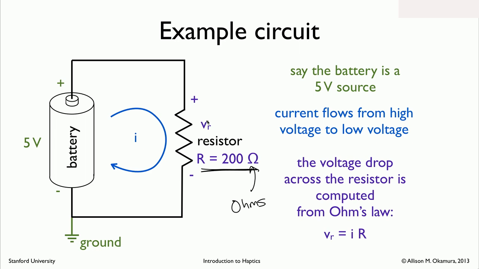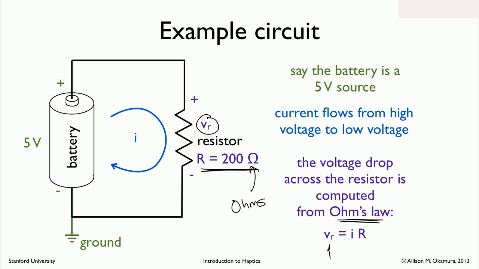Now, I've defined the voltage drop across the resistor as VR, and I like to put a plus here and a minus here to show that the voltage is higher on this side of the resistor than it is on this side. And the way in which you can compute the relationship between the current and the voltage through that resistor is using something called Ohm's law, which is one of the most basic circuit rules.